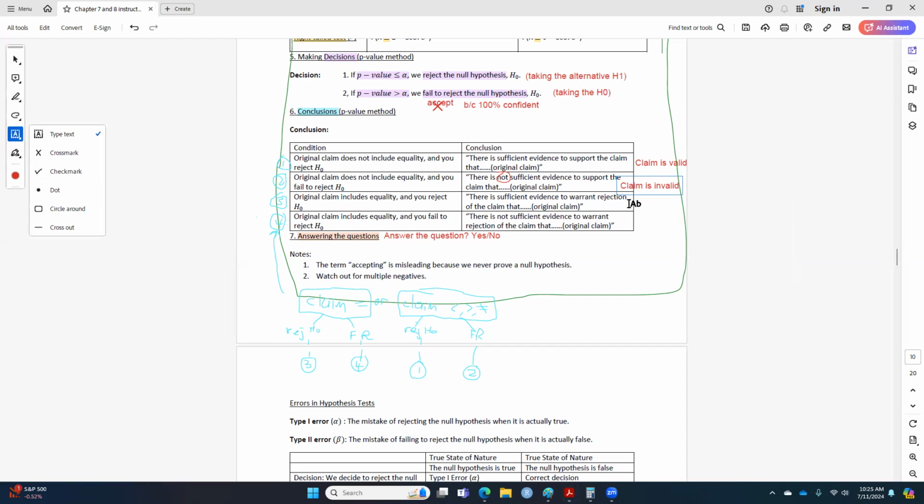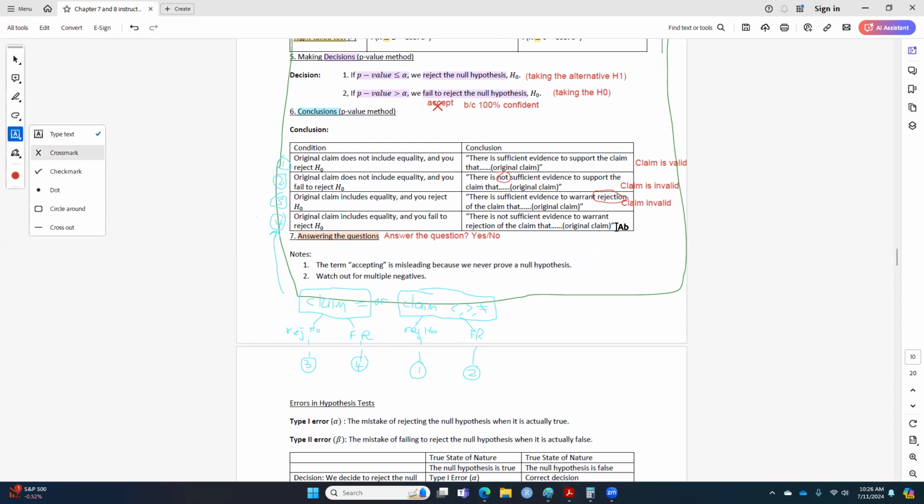If you do the third conclusion, the claim is also invalid, because of the word reject. Those are what we call negation words. The word not is a negation, and the word reject is a negation.